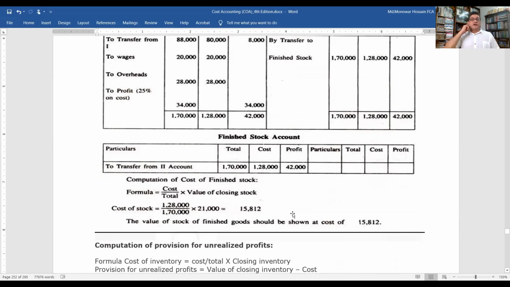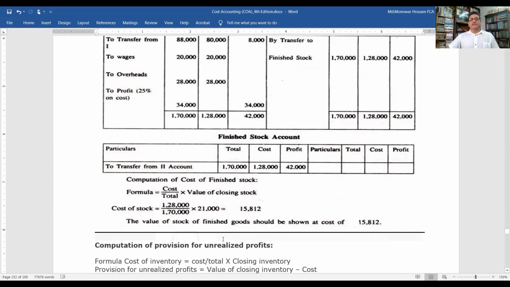And we have to compute the finished stock. That means the formula is cost divided by total, multiplied by the value of the closing stock. So the cost of the stock is 1,20,000 divided by 1,70,000, multiplied by 21,000. So the cost is 15,812.